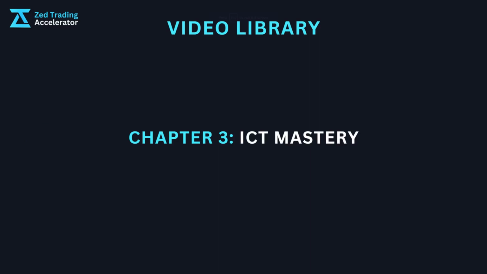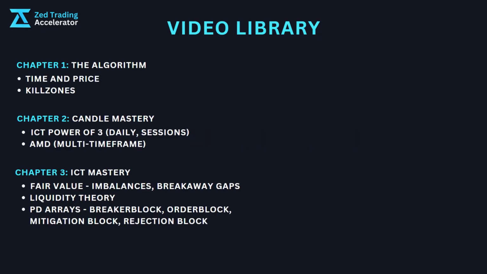Alright, so for chapter 3, we have ICT mastery. This is the foundation of our setup. All of the concepts right here: fair value gaps, imbalances, breakaway gaps, liquidity theory, PD arrays, breaker blocks, order blocks, mitigation blocks. This is the foundation of our setup. We also have rejection block.